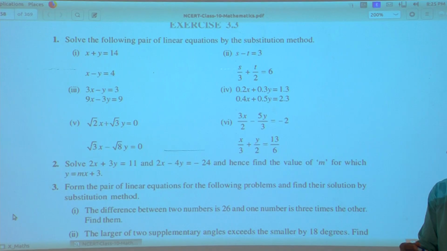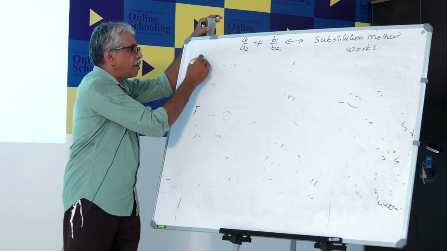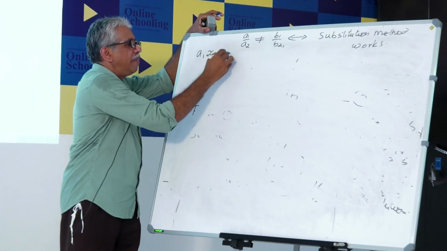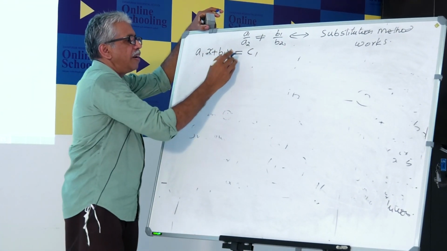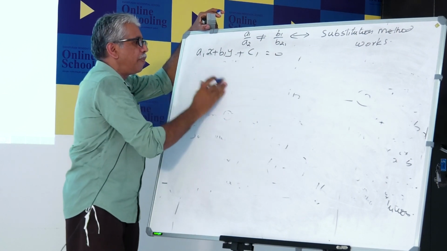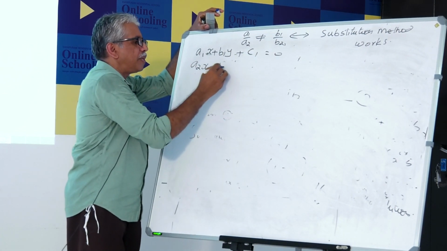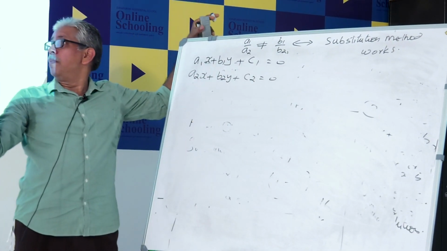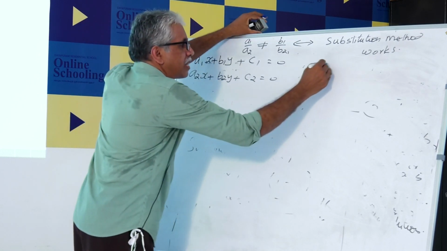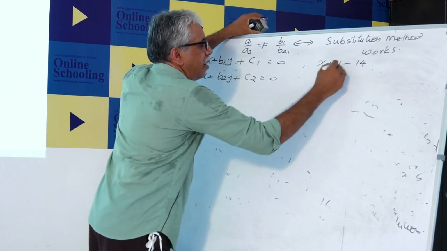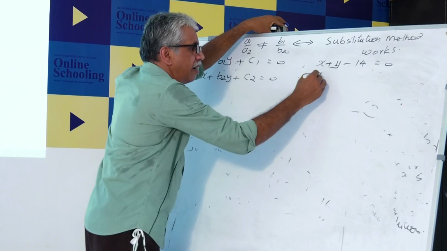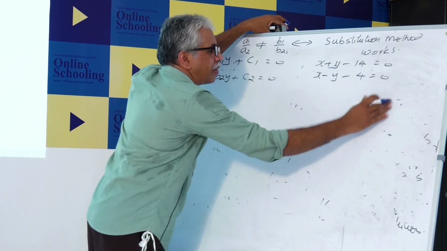For the first question, x plus y equal to 14, x minus y equal to 4. When you write it in the form a1 x plus b1 y plus c1 equal to 0, a2 x plus b2 y plus c2 equal to 0, the first equation will be x plus y minus 14 equal to 0, and the second equation is x minus y minus 4 equal to 0.